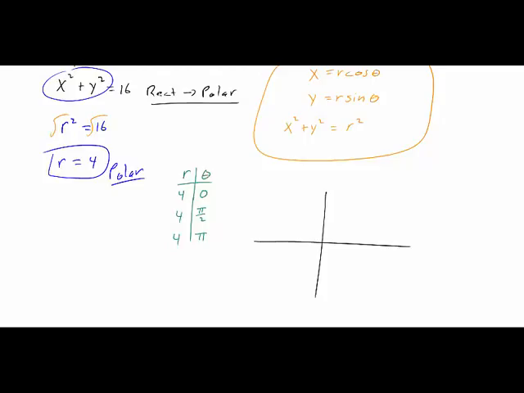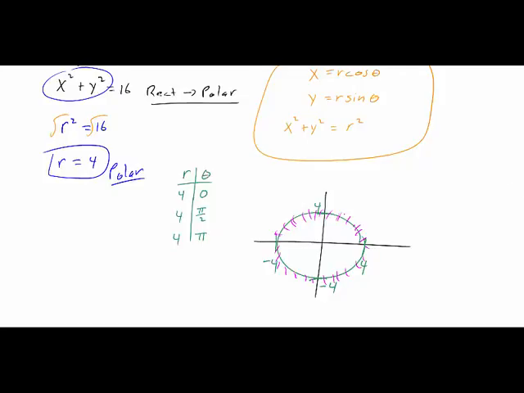So therefore we're actually going to end up with a circle that has a radius of 4, because the angle at which we go around doesn't matter. We can have any angle that we go around, but we're always going to go out a fixed distance of 4, and that is certainly describing a circle.